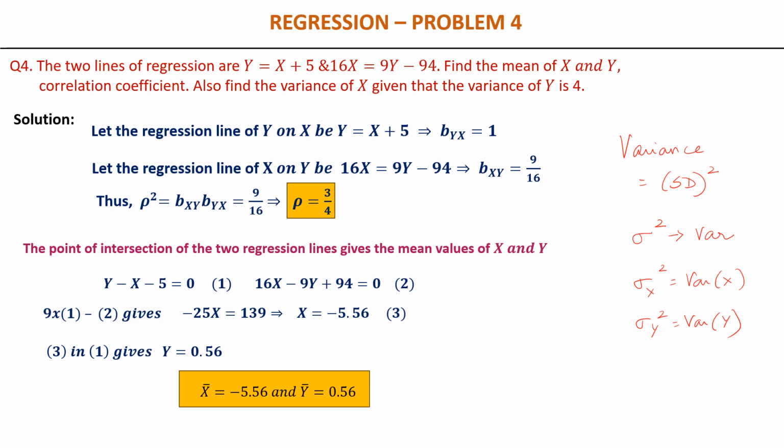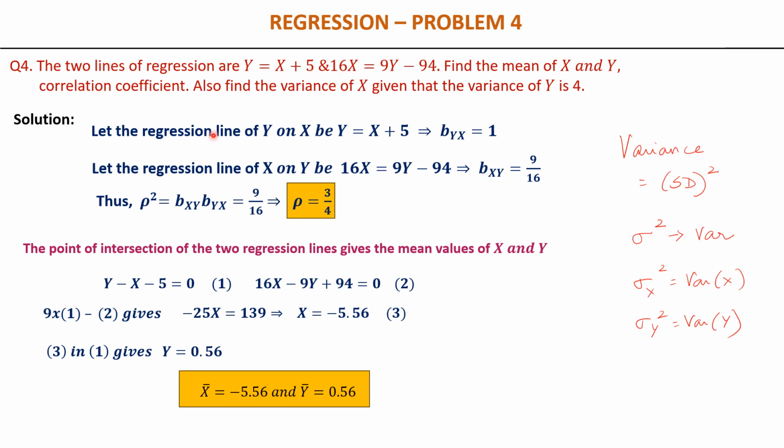We are given that the two lines of regression are these two equations, but we are not told which is the regression line of x on y and which is the regression line of y on x. That's not explicitly given to us. So it's a trial and error process, because there is no mention of what kind of equation it is.